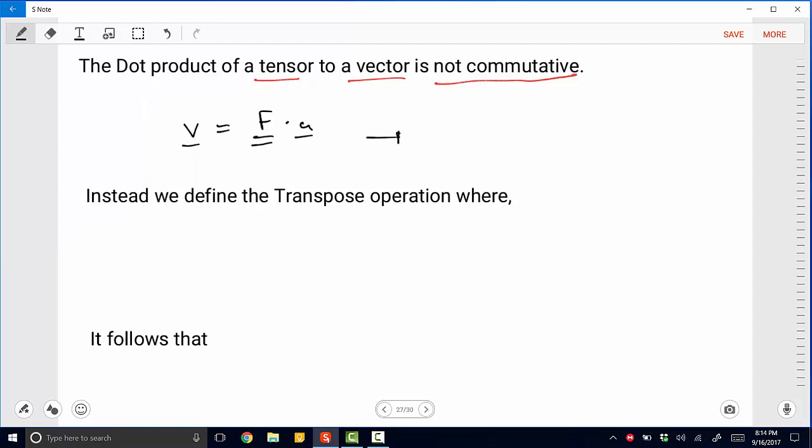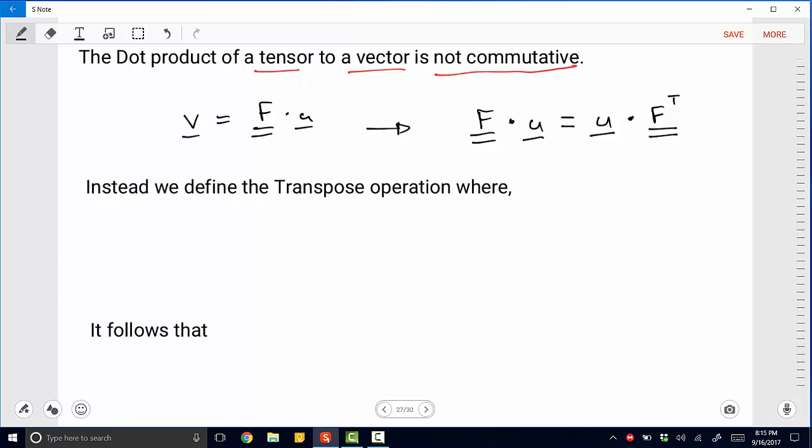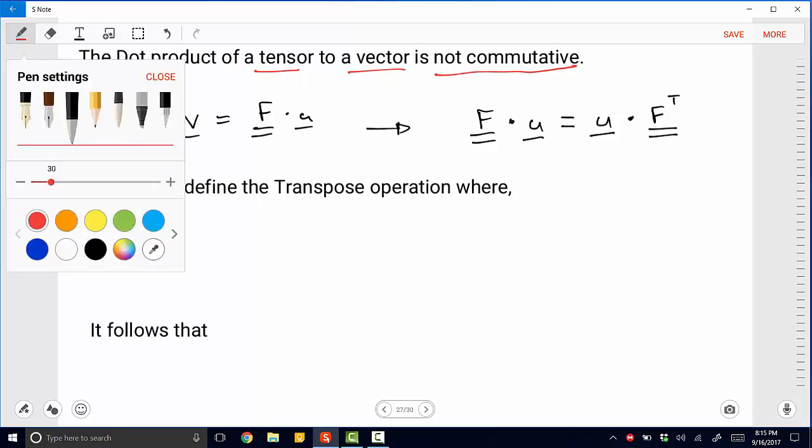As a result, we'll find that the tensor F dot product of U is actually equal to U dot product of the tensor F transposed. So instead of actually being commutative, we find a tensor that is transposed, with this transpose operation.